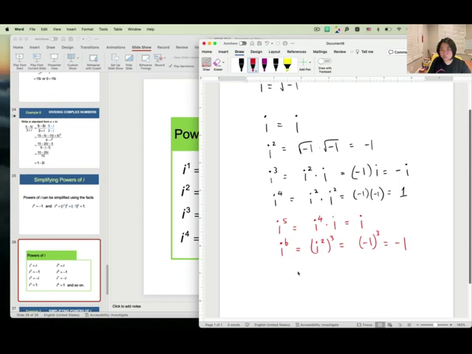Okay, right? i to the power of 7, I can do i times i to the 6 here. i to the power of 6 is going to be -1. So I have negative i. And then last one, i to the power of 8, I could do i squared to the power of 4. i squared is going to be -1 to the power of 4, that will become +1.